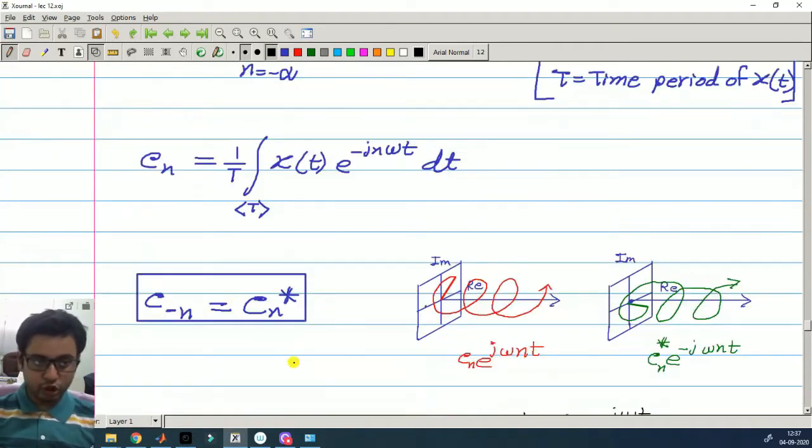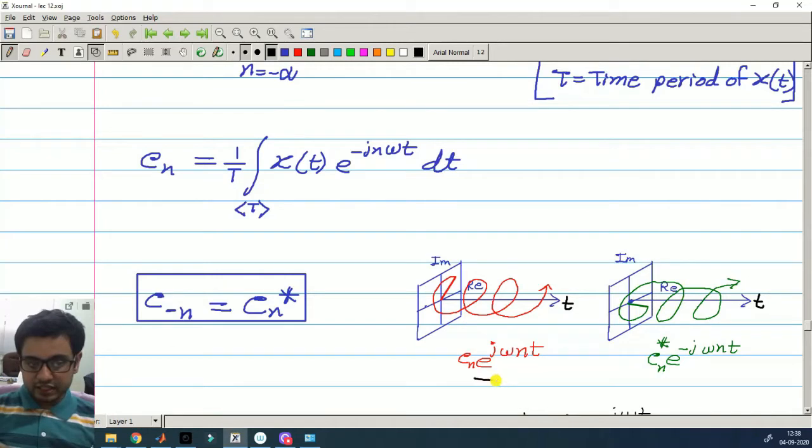And we also saw that you can visualize these complex exponential signals as spirals in a three-dimensional plane. This is the time axis, and Cn e to the power j omega n t will be a spiral rotating anti-clockwise like this, whereas Cn star e to the power minus j omega n t will be rotating clockwise.